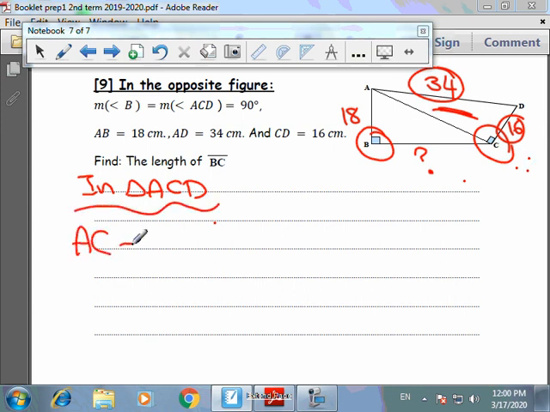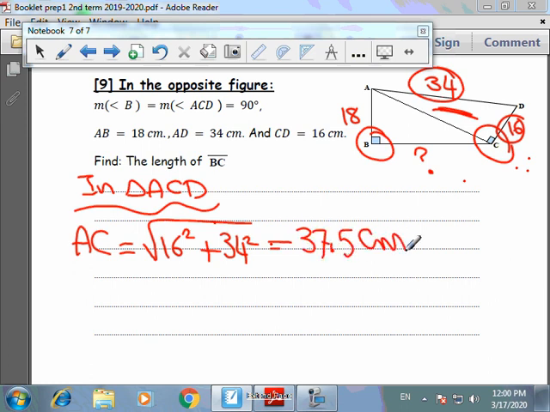Is it hypotenuse? Yes. So I will add the squares of the two sides. Using your calculator, 16 squared plus 34 squared, the answer would be 37.5 centimeters. So now I got AC.